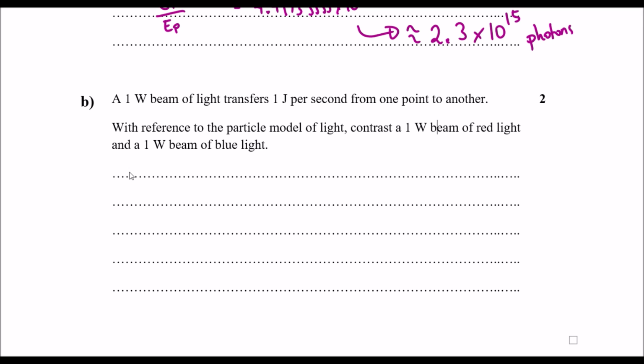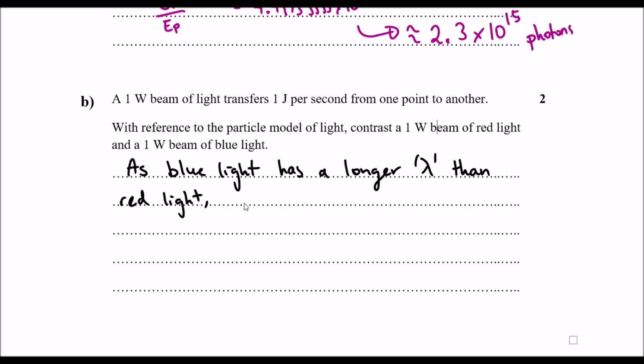So what we know is, as blue light has a shorter wavelength, I'm just going to write it as lambda, than red light, blue will have the higher frequency, hence higher energy per photon.